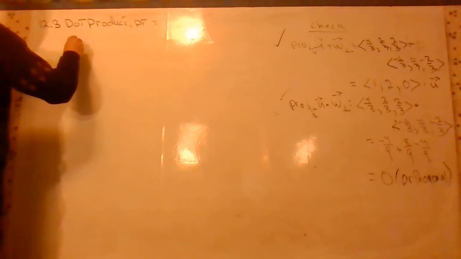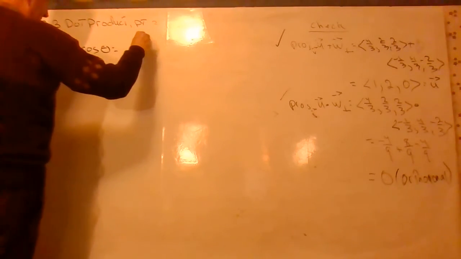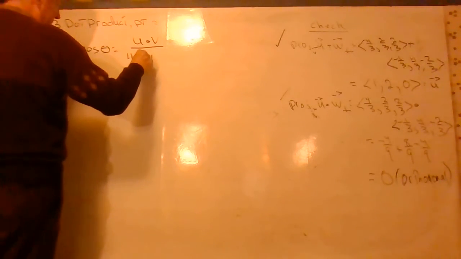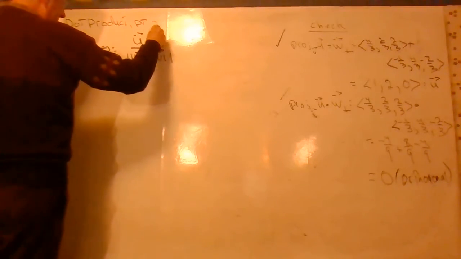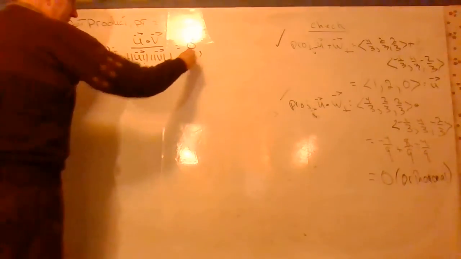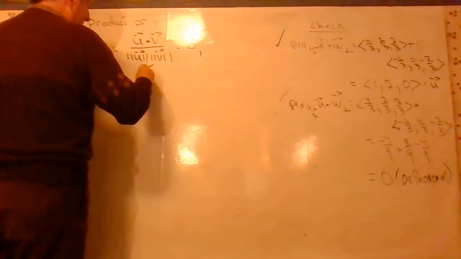You may recall that cosine theta is u dot v over magnitude u, magnitude v. And if this is equal to 0, then it turns out u and v are orthogonal.